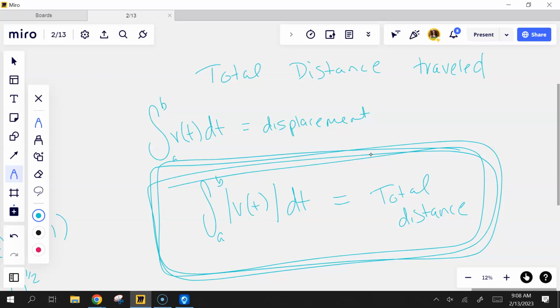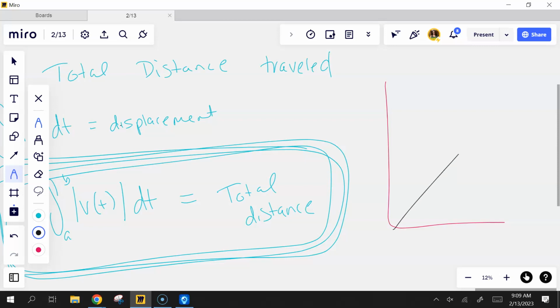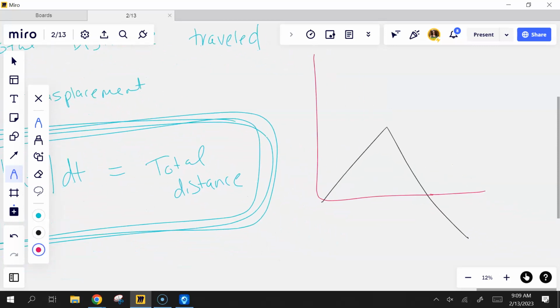Yes, but here's the difference. Think about if I've got this. Let me do it just first quadrant. Something like this. If this was velocity, and I wanted to know the total distance traveled, if I did the integral, it's taking this area and this area.